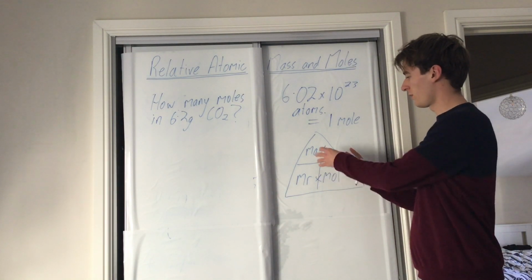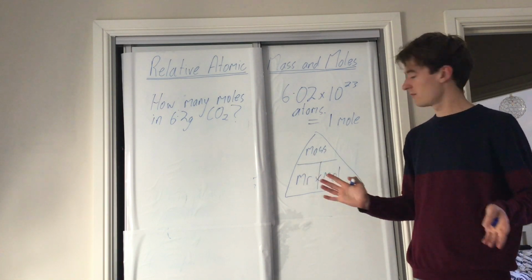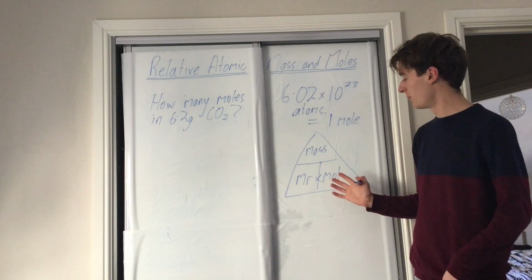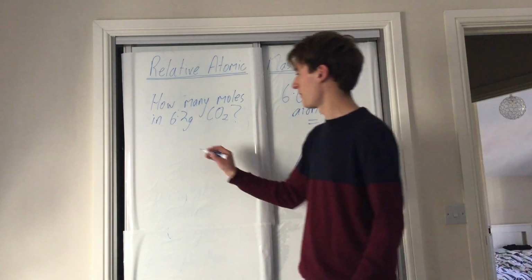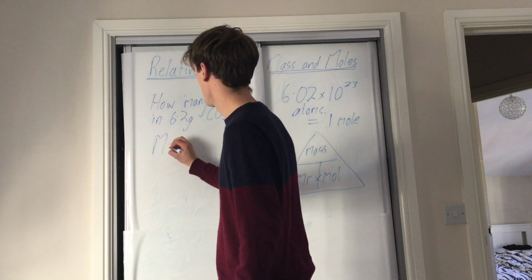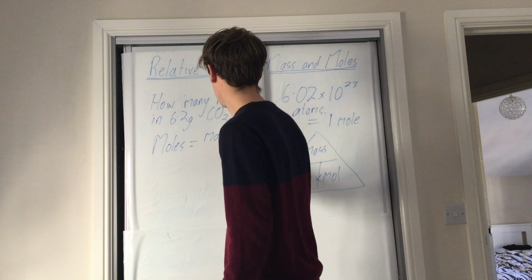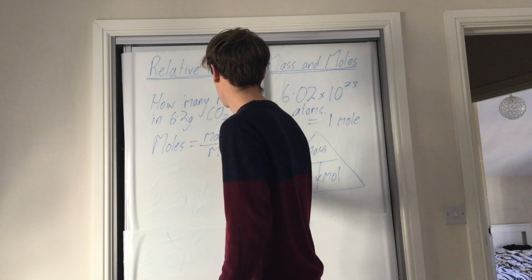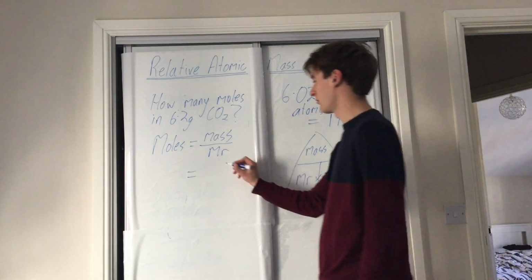So what do we do? Well, first of all, I want to rearrange this triangle to get a formula for what I want to know. So moles are equal to mass over MR. My mass is 6.2 grams.